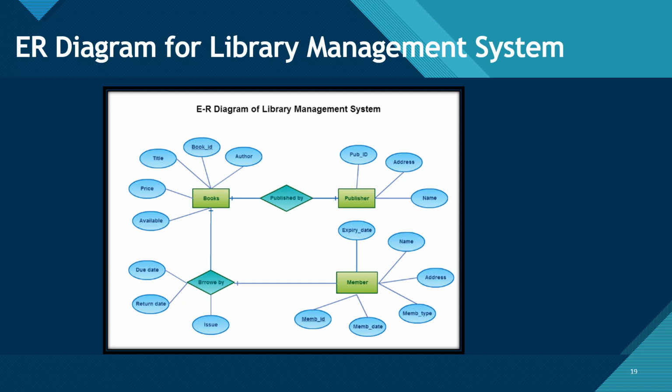Here is an example of an entity relationship diagram for a library management system. So here, as we can see, these diamond shapes are representing the relationships between the entities, and these rectangle shapes are representing the entities or the objects here, while these elliptical shapes or oval shapes are representing the attributes, which are the properties of the entities.